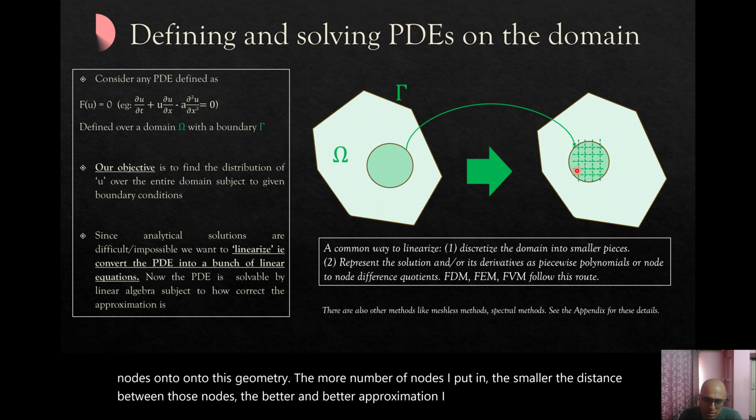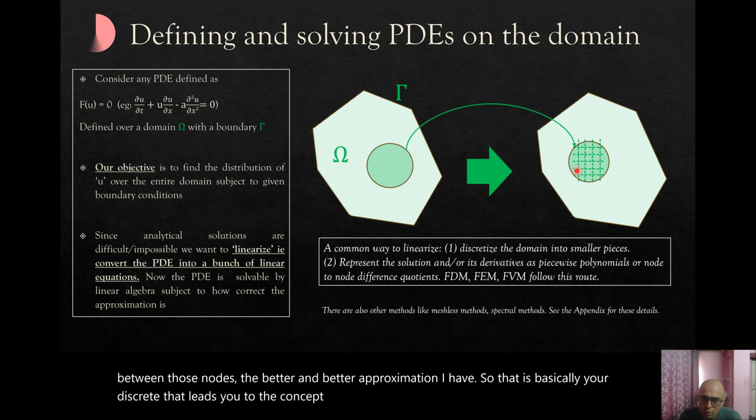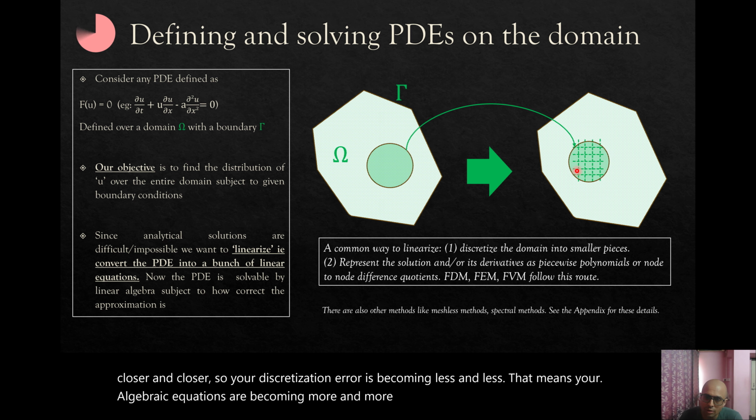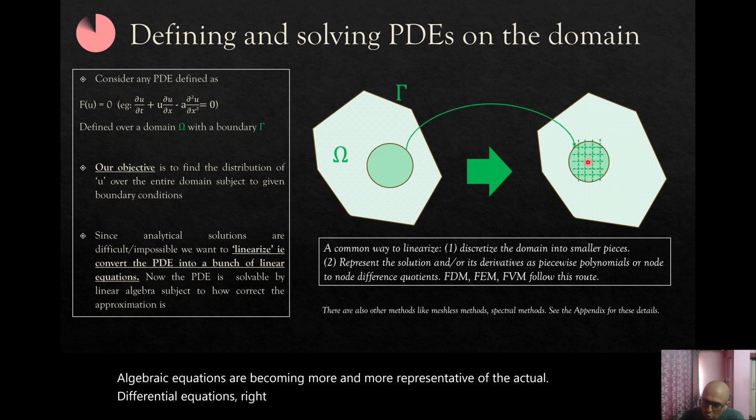That leads you to the concept of discretization error. As you make these points closer and closer, your discretization error becomes less and less. That means your algebraic equations are becoming more and more representative of the actual differential equations, right?